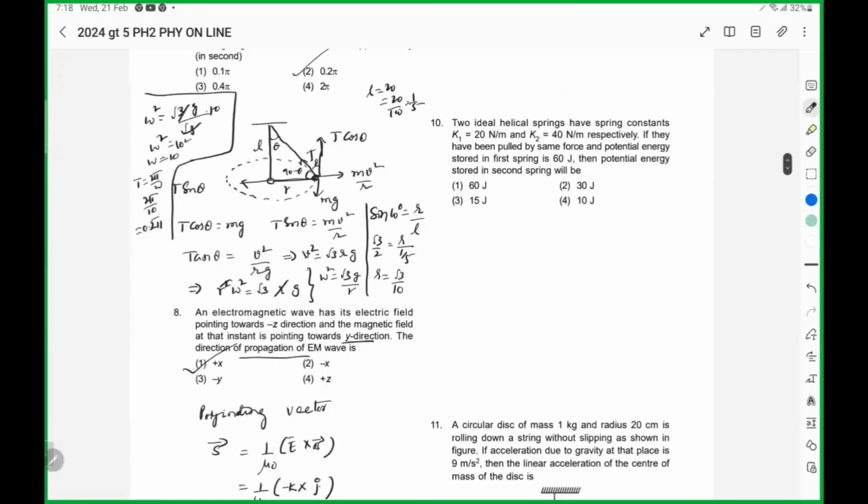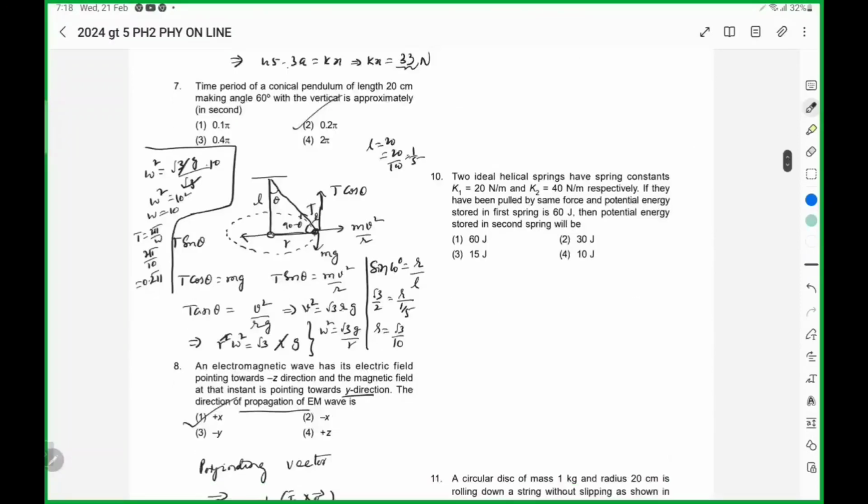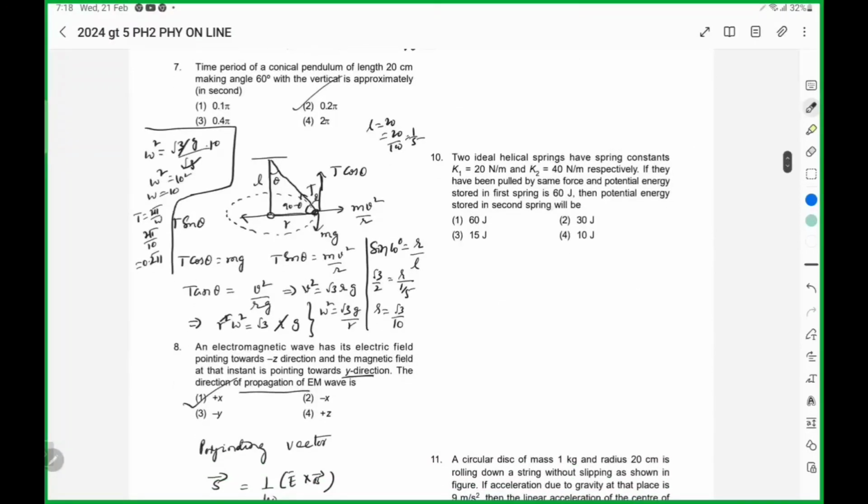Two ideal helical springs having spring constants. Different springs, different spring constants, but they are subjected to the same force.